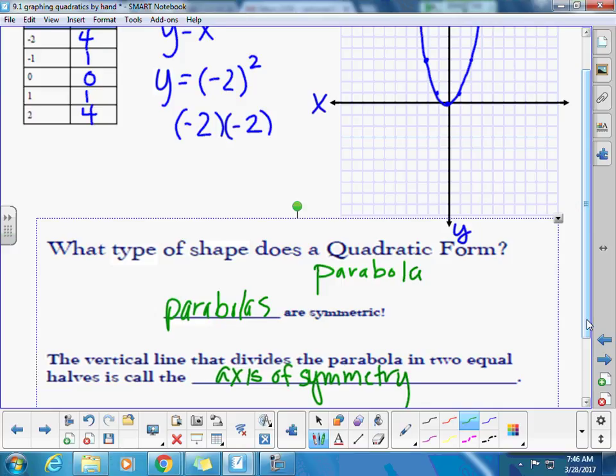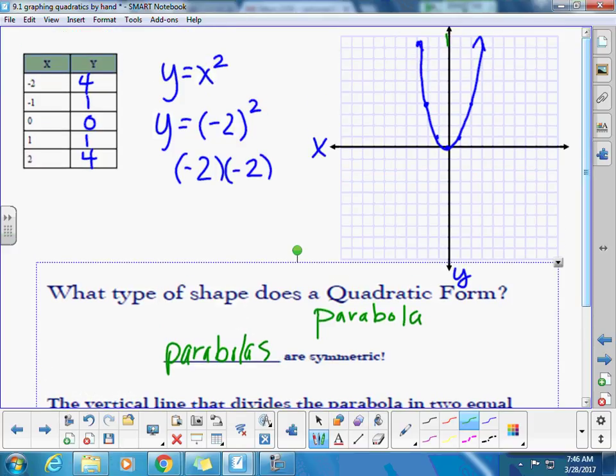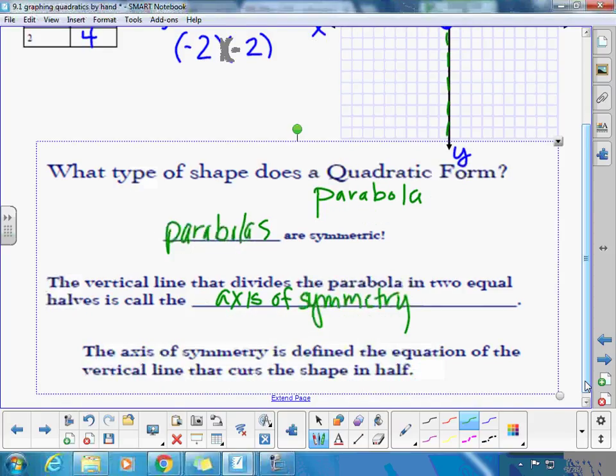And usually we show it by putting a dotted line in. So in this case, this is the vertical line that divides the parent graph in half, which is also the y-axis, or where x equals 0 would be the equation for that line. The axis of symmetry is defined as the equation of the vertical line that cuts the shape in half. So in this case, it's x equals 0. I went 0 over to draw that line.